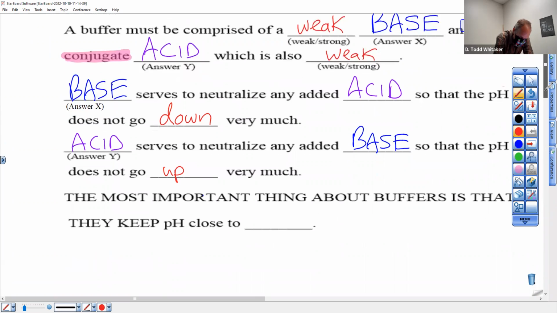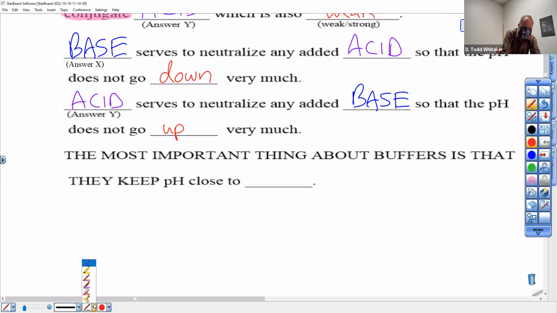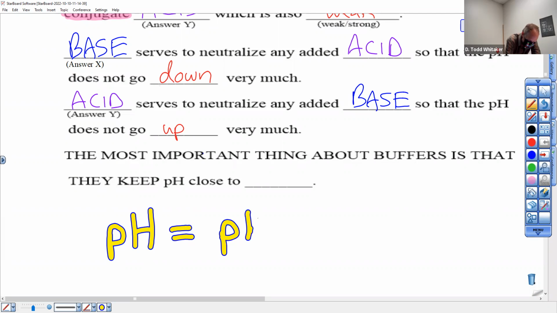And before we answer the last one, I'm just going to give you an equation we never use, but we conceptualize it and we use it all the time. A very important equation called the Henderson-Hasselbalch equation. It says for any weak acid, if you reorganize the Ka equation, you get this.